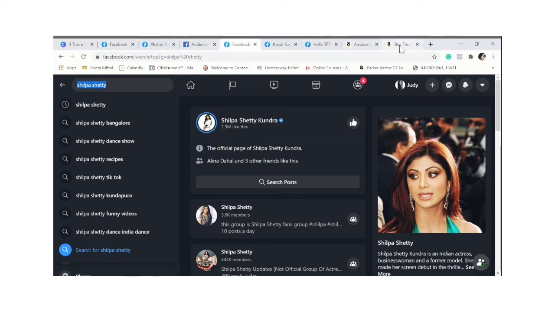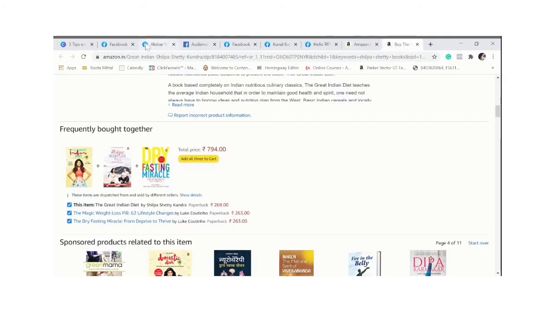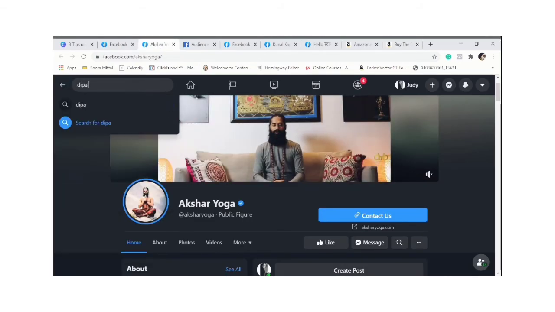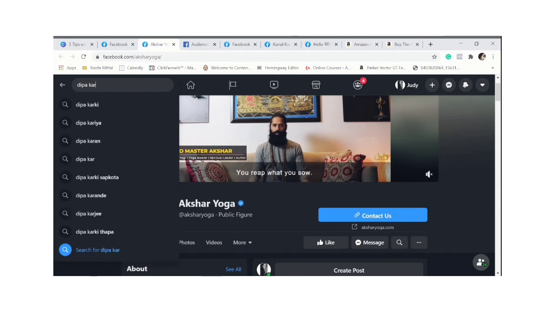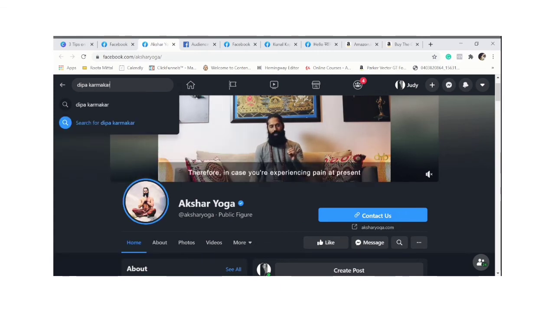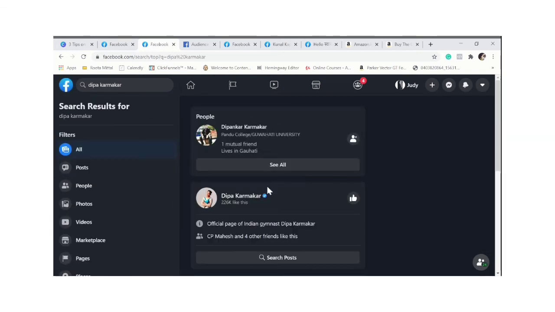What was her name again? Deepa Karmakar. Deepa Karmakar is there, but she has only 226K. So no, guys, I don't think I'll be opting this.